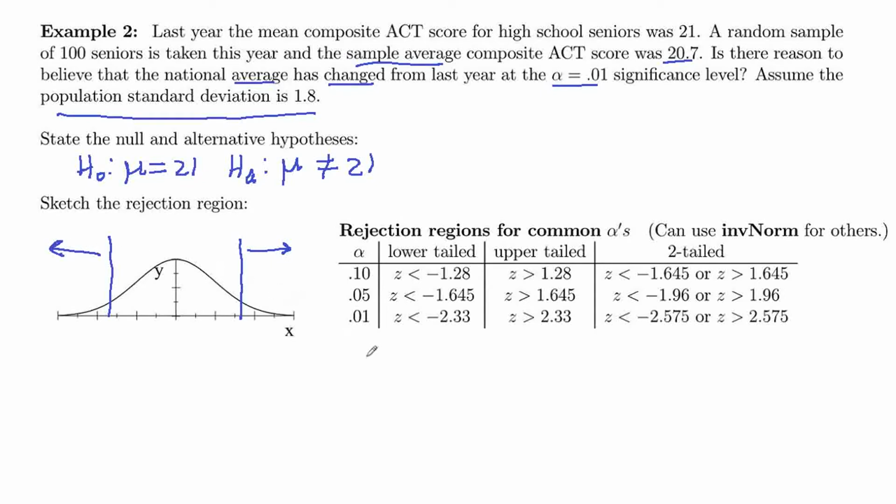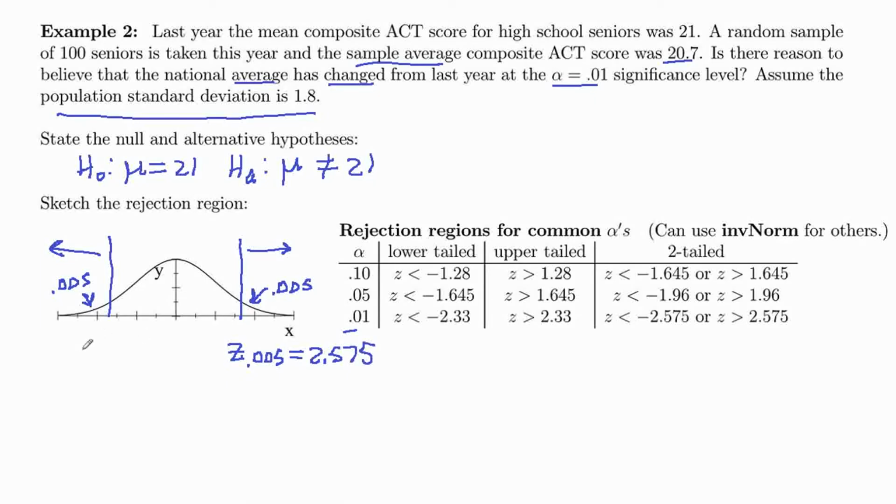And the cutoffs here, so alpha is 0.01, two-tailed test, plus or minus 2.575. So 0.01 is the total area of these. That means 0.005 on each side to make up 0.01 total. So this cutoff here is really z.005, and it's 2.575.